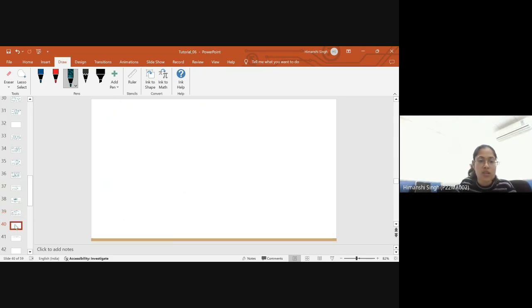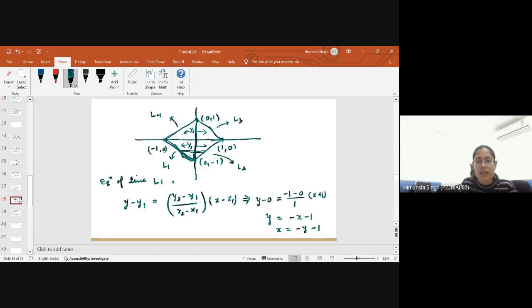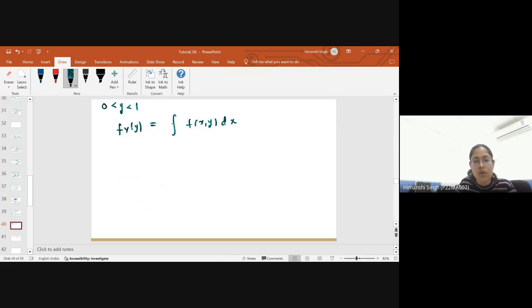Now if I range y from 0 to 1, then what will be Fy? It will again be the integration of fxy dx. Where is x ranging if y is from 0 to 1? Then x is ranging from line L4 to L3. So what is L4 here?